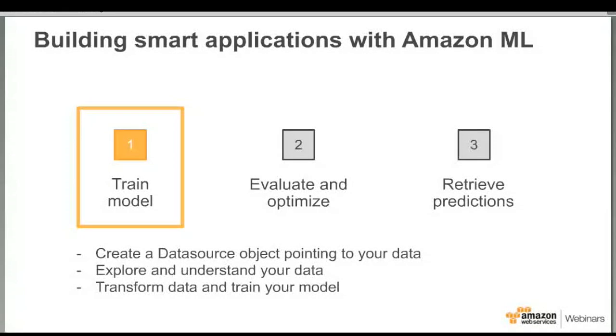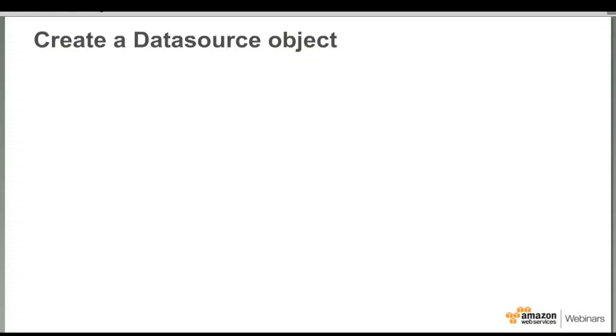Once you go through the exploration and data understanding step, the final stage is to actually transform the input data and to train your model. What I'll show you is a few screens involved in each one of these stages, and at the end I'll show you a code snippet that accomplishes the same thing as the screens.